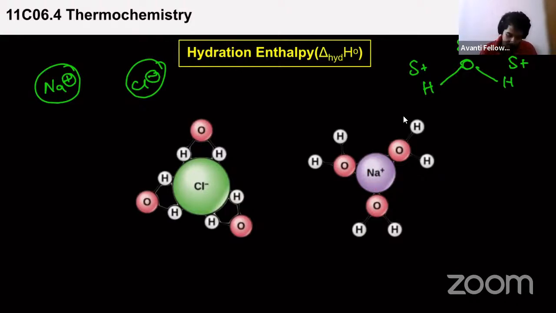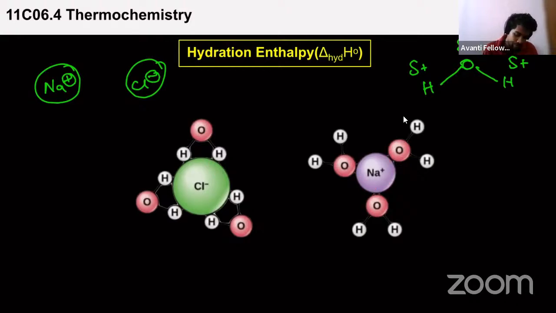Now, due to these interactions, how many interactions are there in this diagram for Na and oxygen? There are three interactions. That means there are three new attractive forces. That means again, three energies will be released. Clear with this? As the number of oxygens surrounding the sodium increases, the energy will be increasing. That is, the hydration enthalpy for this sodium ion will be increasing.